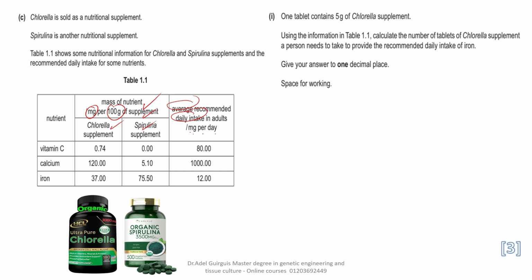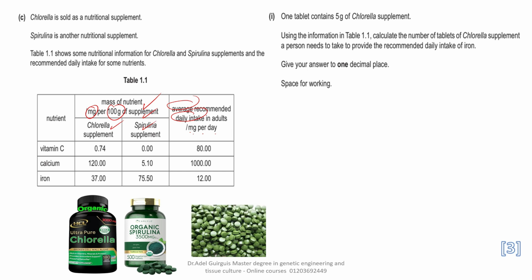It asks: one tablet contains 5 gram of Chlorella supplement. One tablet like this, its mass equals 5 gram. Using the information in table 1.1, calculate the number of tablets of Chlorella supplement a person needs to take to provide the recommended daily intake of iron. So the question here is about iron.